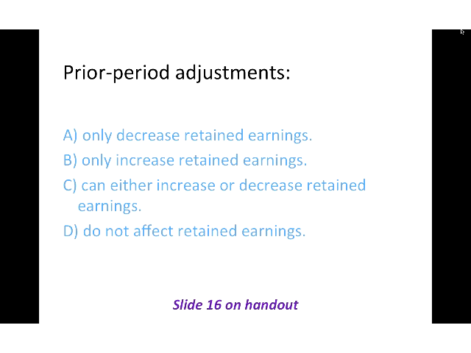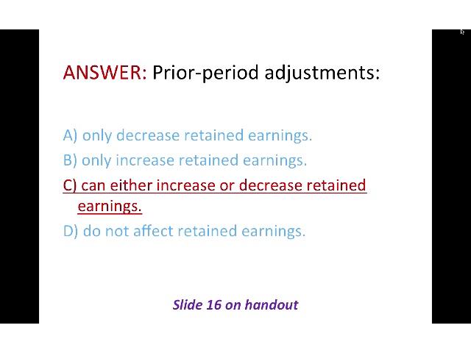Do they decrease retained earnings, increase retained earnings, can do either one, or don't affect retained earnings? And the answer here is, depending on what the error was, it can either increase or decrease retained earnings. There's no standard error, because we can make errors in our favor, we can make errors not in our favor.